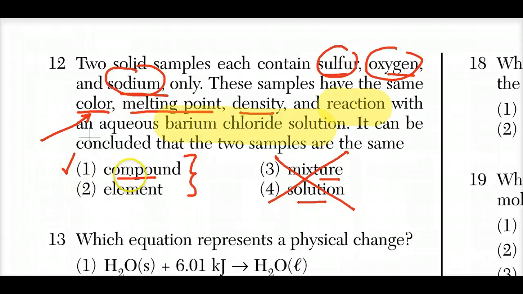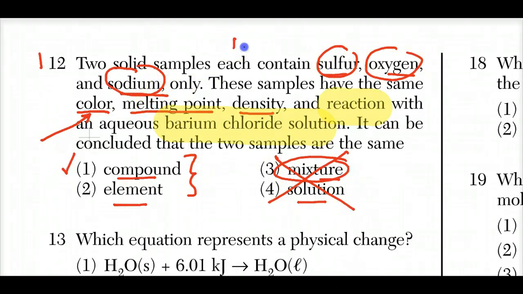So therefore, the only good answer is choice 1. They could not be an element, these 2 substances, because they're a group of elements. And if they were retaining their individual properties, it would be a mixture. So the only way for this not to be a mixture is that these were bonded in a particular way with a particular chemical formula.